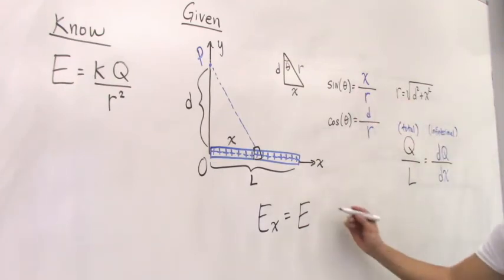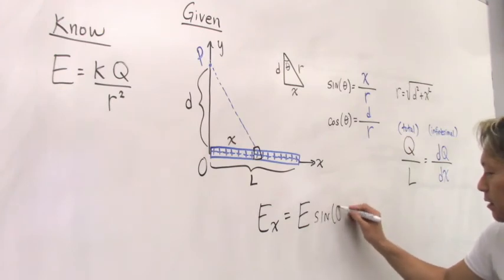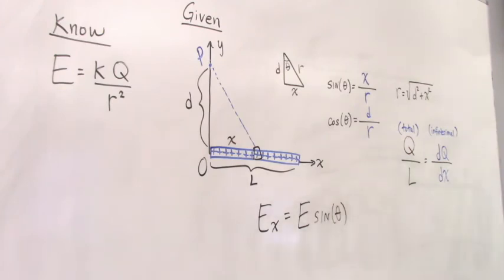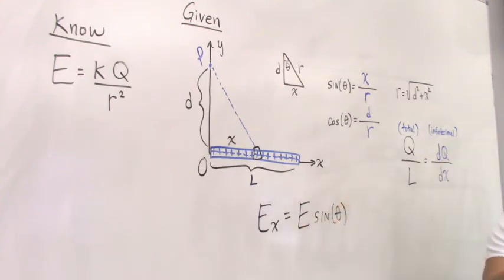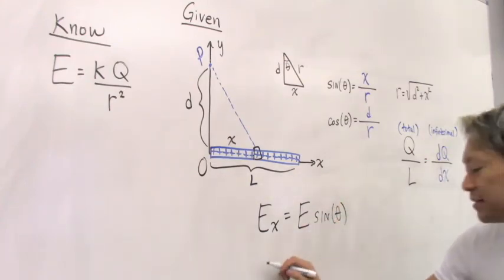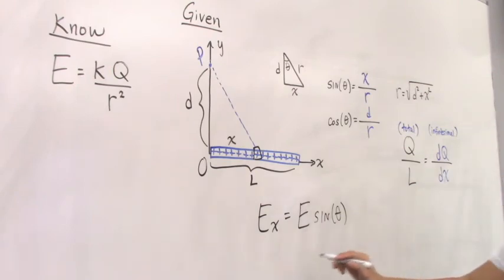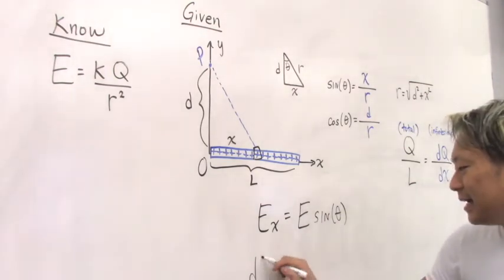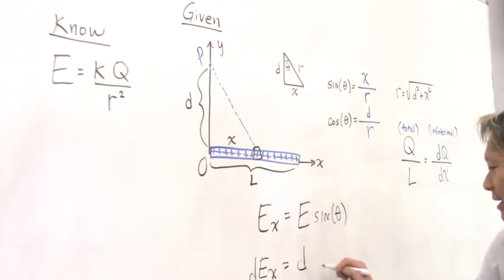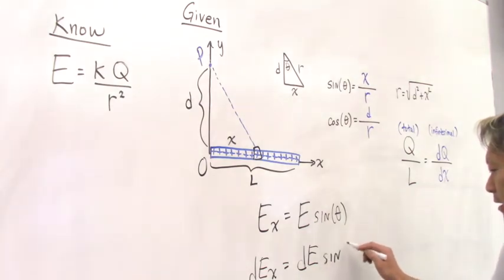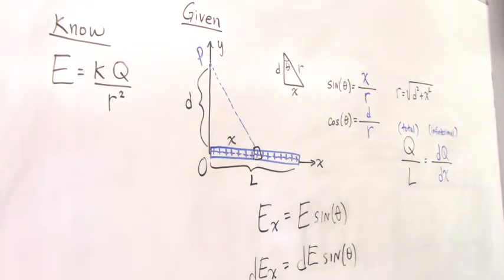It's going to be that times sine of theta. Okay? Now, this is the total. Let's do the infinitesimal pieces. So if I do dEx, that's going to be dE sine theta. Put a little d there. That's the total, that's the infinitesimal.